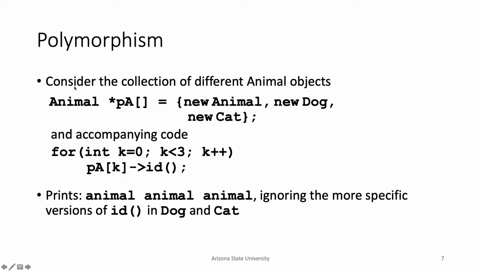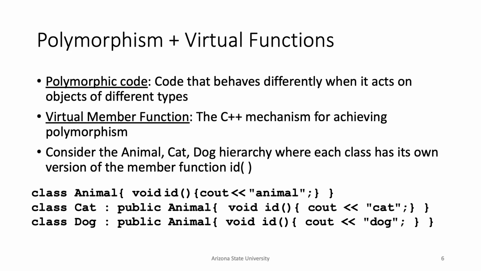So the compiler can't necessarily see, okay, you put a dog right here and a cat right here. Now I'm going to call a different function, the one that is specific to dog and the one that's specific to cat. I'm just going to call the animal version, and then everything's going to be straightforward from there.